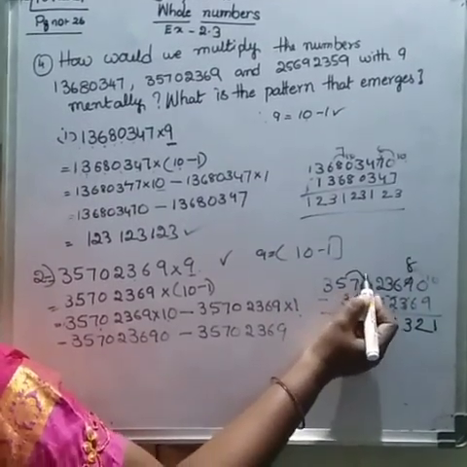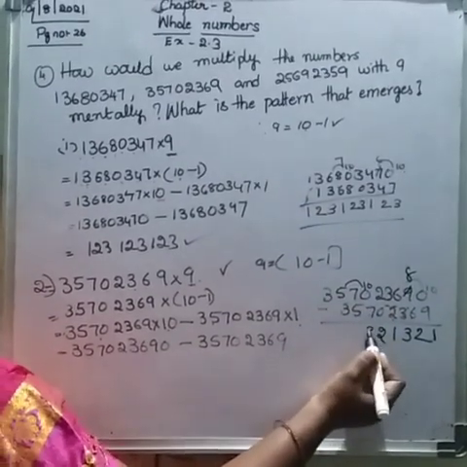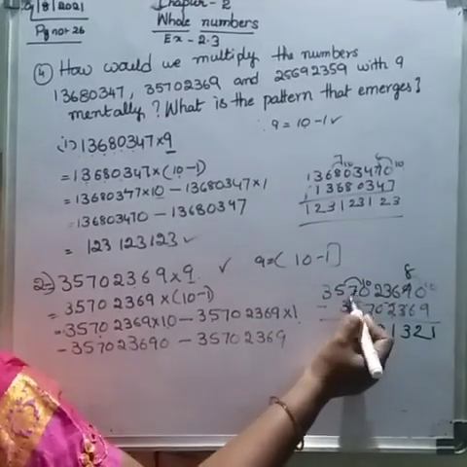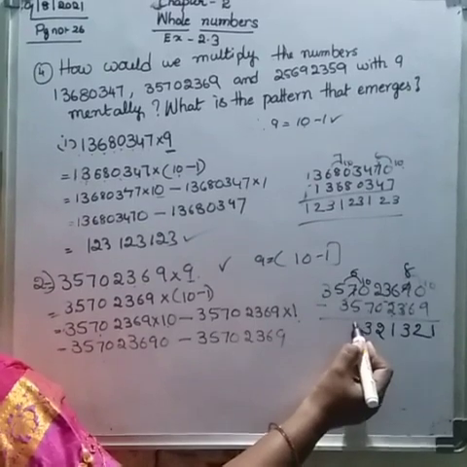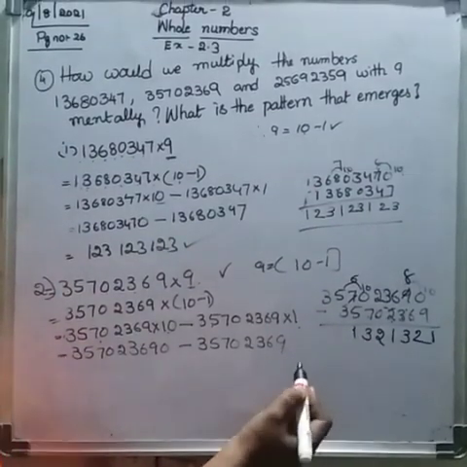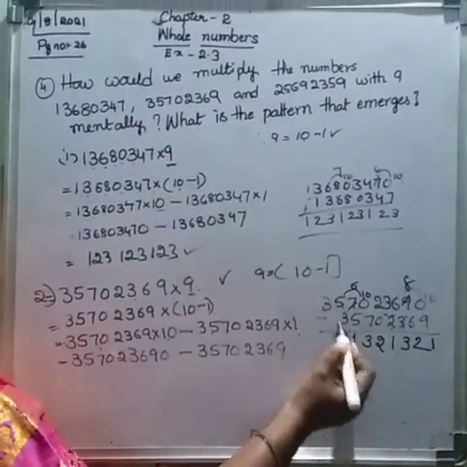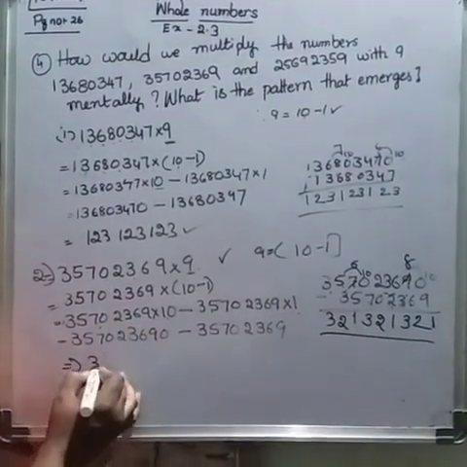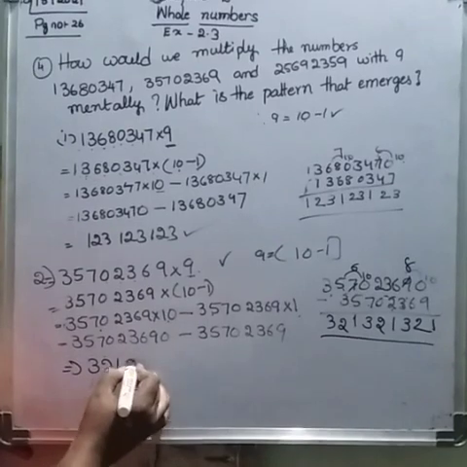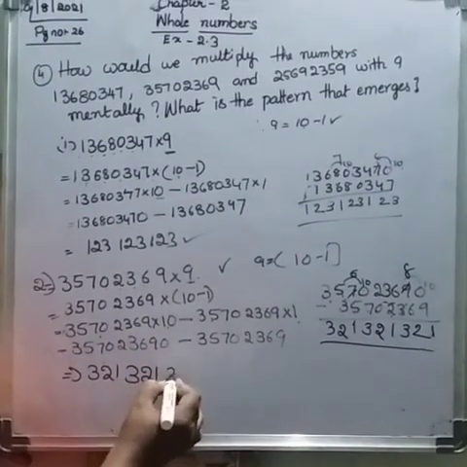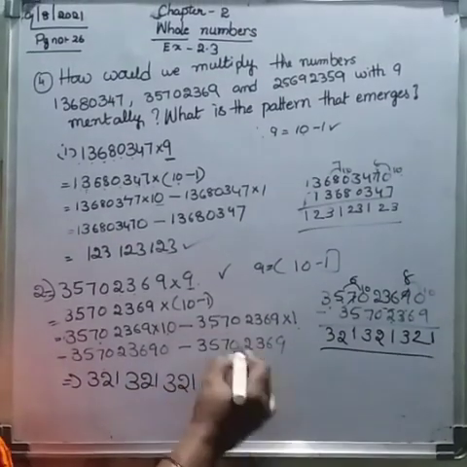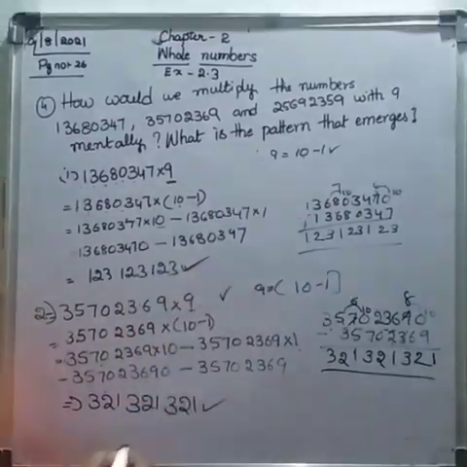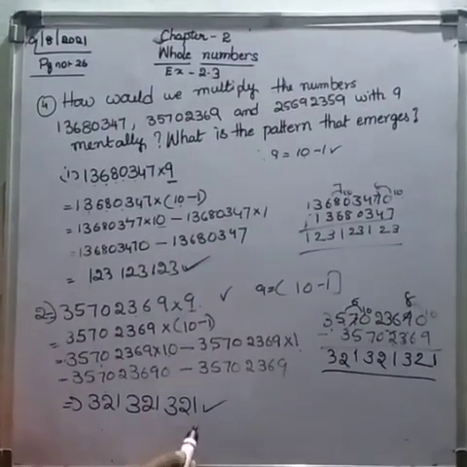Again take borrow. 10 minus 7, 3. 6 minus 5, 1. 5 minus 3, 2. Write down 3. So what do we get here? 3, 2, 1, 3, 2, 1, 3, 2, 1. This is also one pattern, no?